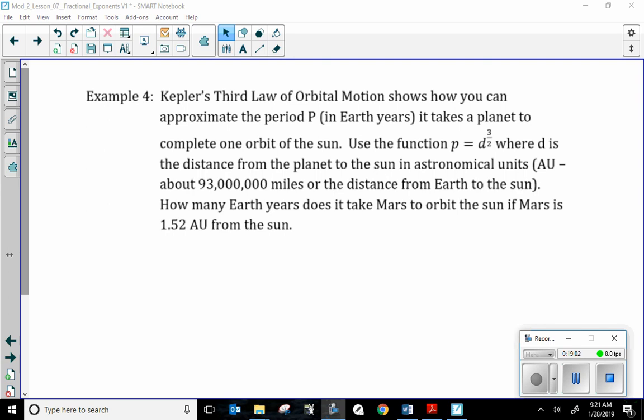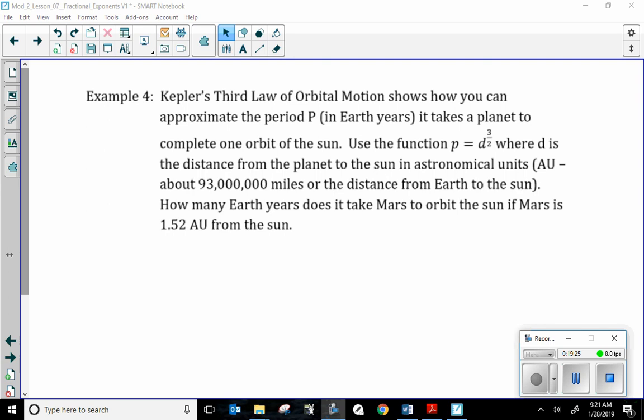Now, an astronomical unit is 93 million miles. That's the distance from the Earth to the sun. When they measure things in space, they use AUs. They don't use miles. So instead of saying 930 million miles, they'll say 10 AUs.